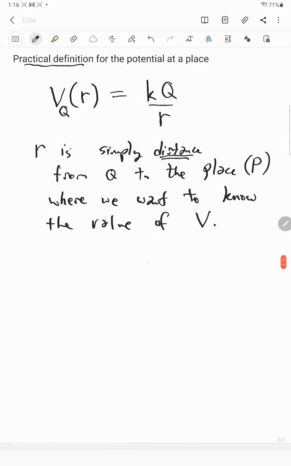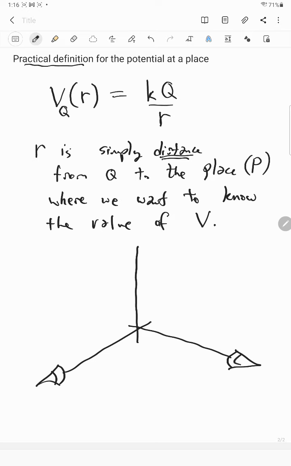In three-dimensional space, what I'm asking you to imagine is, so here are some xyz coordinates. Let's say this is the z-axis, x-axis, y-axis.